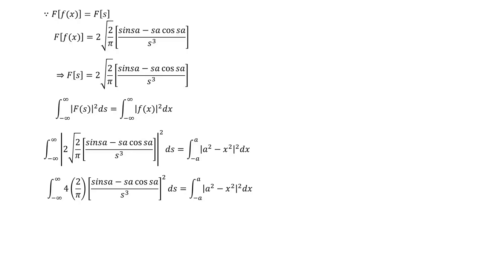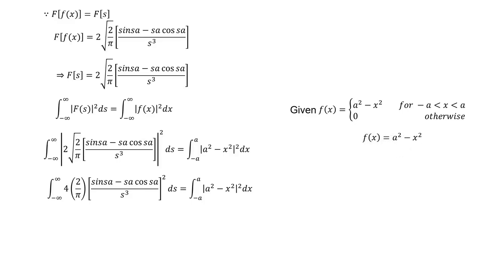And for the right hand side, the integral over minus a to plus a of modulus of a square minus x square the whole square dx. Here our function f of x is a square minus x square for minus a to plus a. So our f of x's value is a square minus x square.